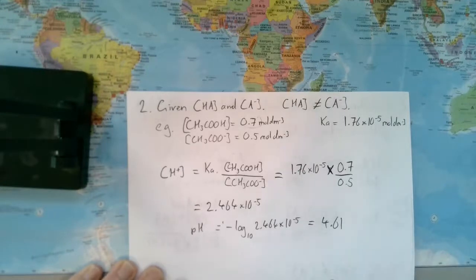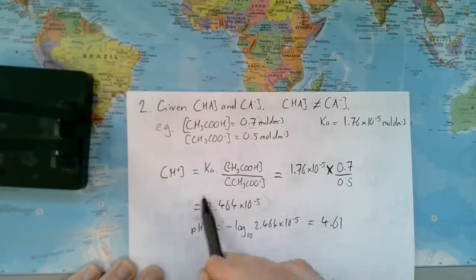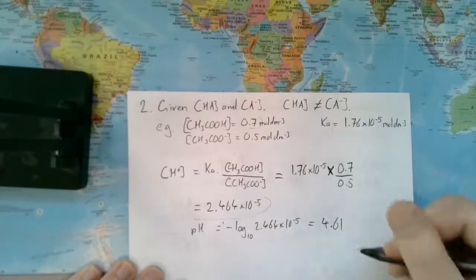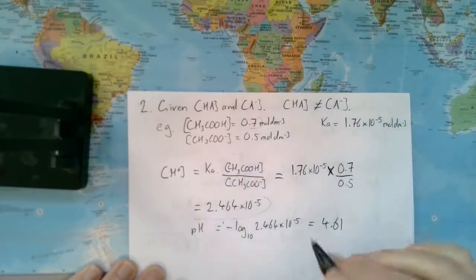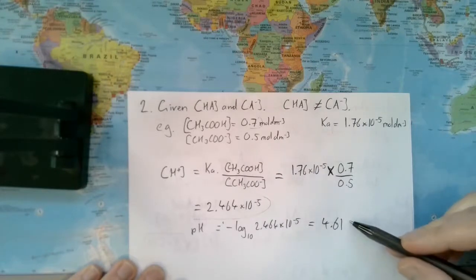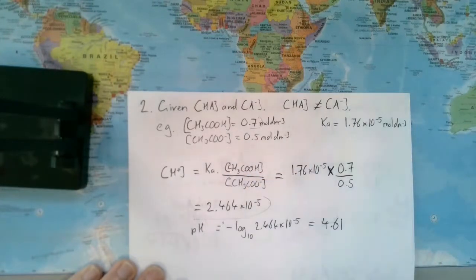This means that we are getting a slightly higher concentration of H+, which leads to a lower pH. So again, if you've got more of the acid, you will therefore get more of the H+, and therefore the pH will be slightly lower.